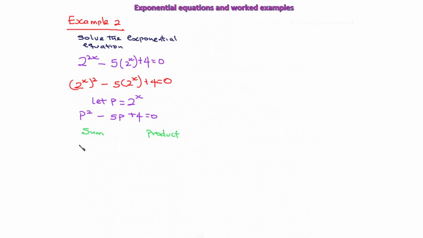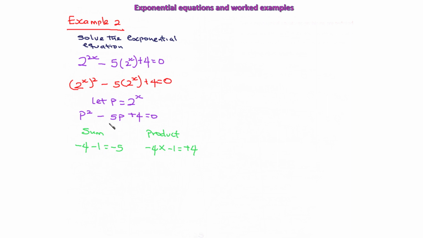Those factors are minus 4, minus 1. Minus 4 minus 1 will give us minus 5. Minus 4 times minus 1 will give us what? Plus 4. Do you get it?